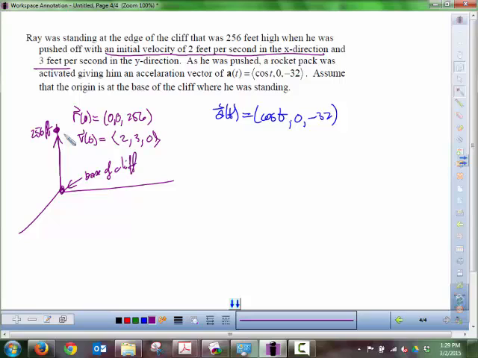All right? So once you have this, then everything else becomes, okay, I don't want to say easy. Everything else becomes easy. So whenever you have acceleration, you're looking for the position, you just integrate, right?